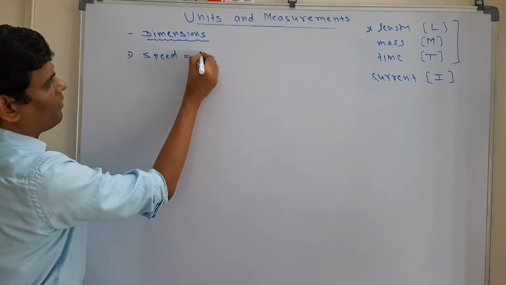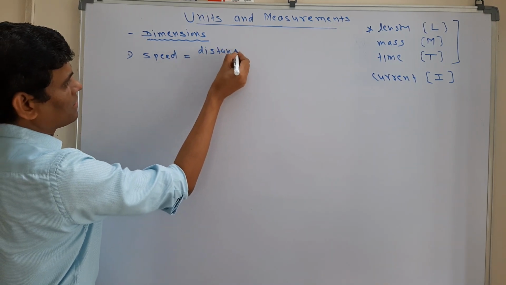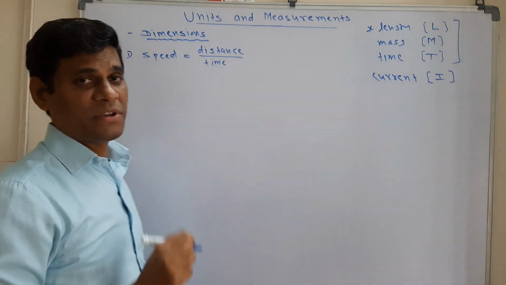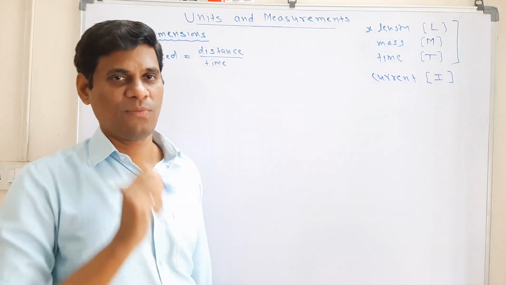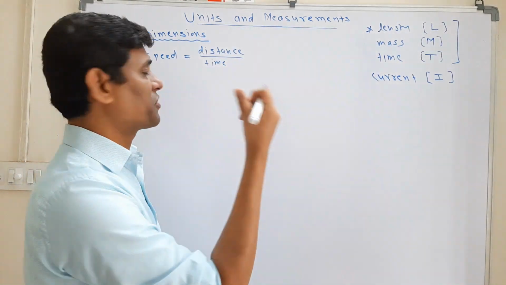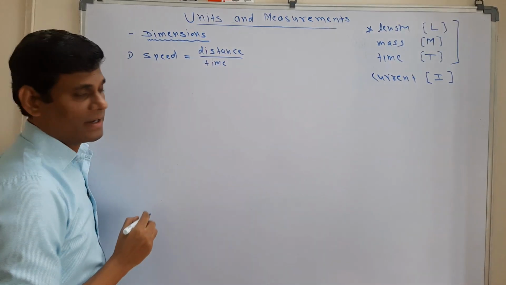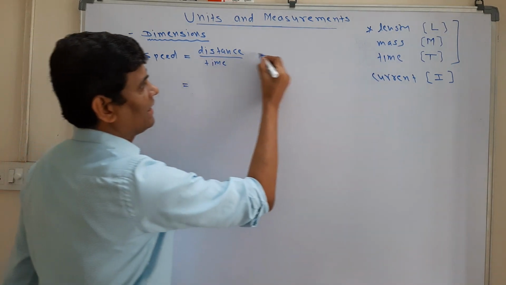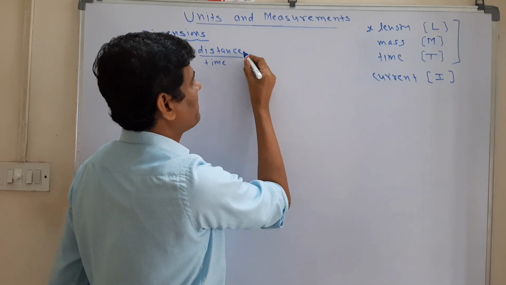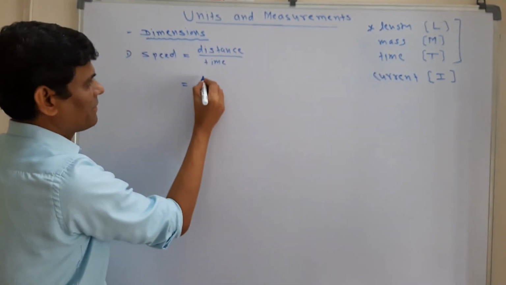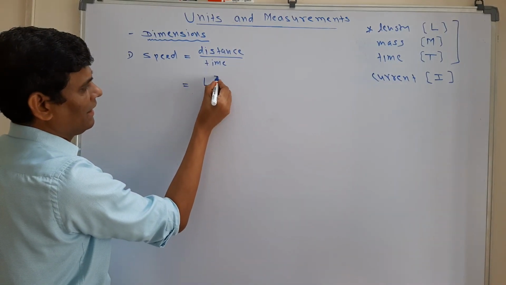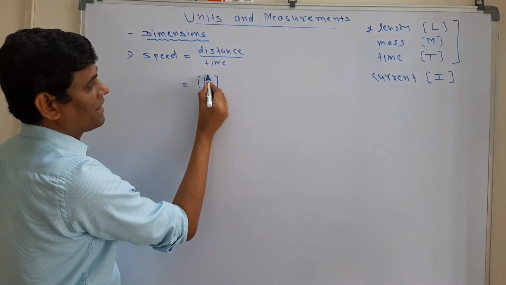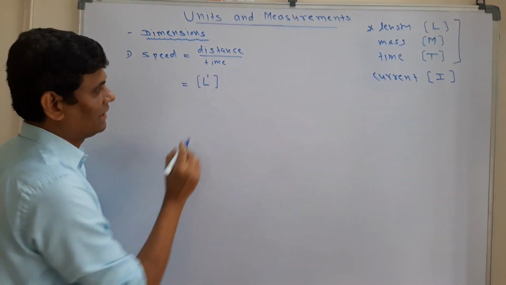We'll see an example. Suppose first is speed. The speed formula is distance upon time. To find the dimension, first of all, you must know the formula. In the question, find the dimension of speed. So speed is distance upon time. Now which fundamental quantity is this? It is length, because the unit of distance is meter. So instead of distance, what symbol will you use? L in square bracket, raised to power 1.